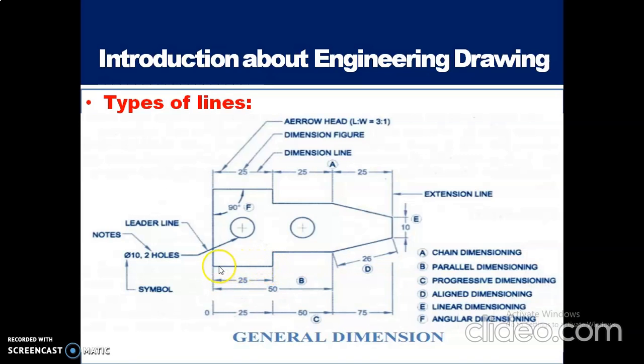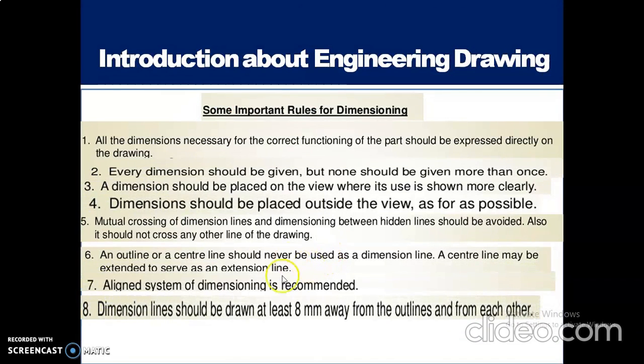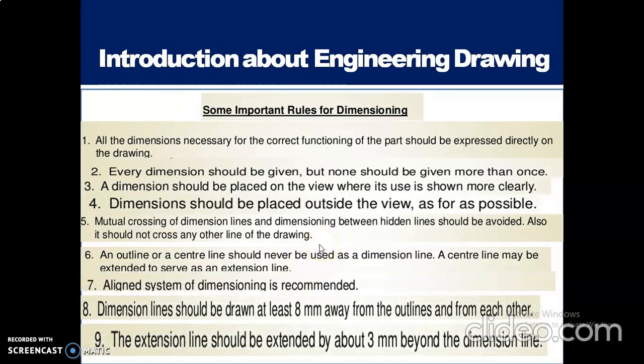From this main object, the dimension line should be at least 8 mm, or it may be 1 centimeter also. So minimum 8 mm distance.